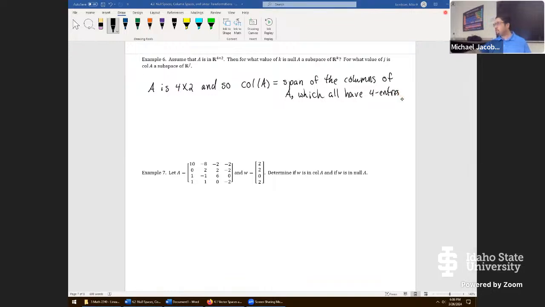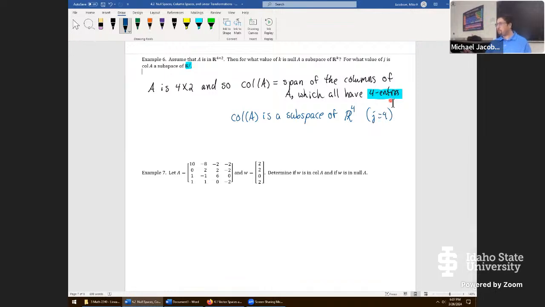So for answering this kind of question, we already know that the column space is a subspace of that object, Rj, but what we just found is, because we're spanning vectors with four entries, column space of A is a subspace of R4. In other words, J would have to be 4 in this problem. Does that make sense to folks on that subspace there?